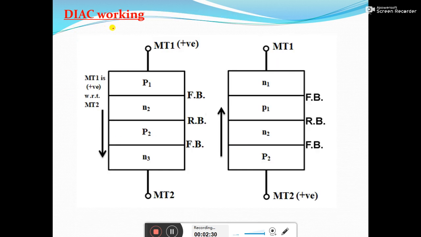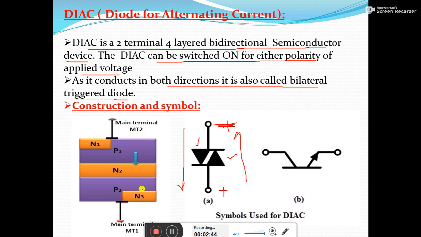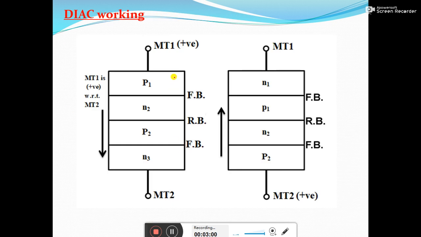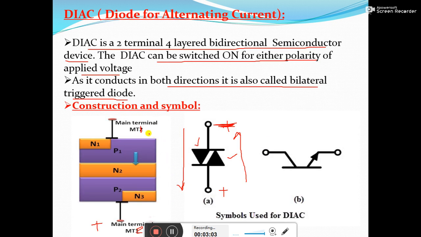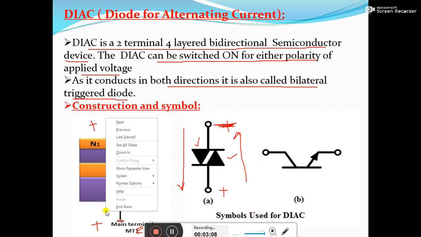If you see the working here, as we saw, there are five layers, but here it is shown with only four layers. Let us see if MT1 is made positive with respect to MT2. Sorry, I have made a mistake here. This is main terminal 1 and this is main terminal 2. Let's keep the MT1 terminal positive.